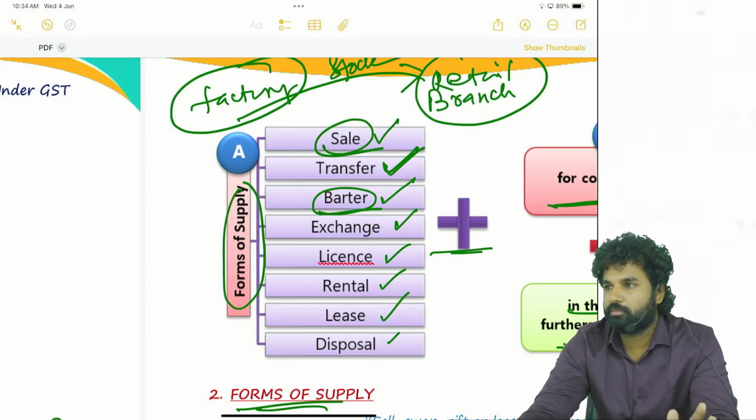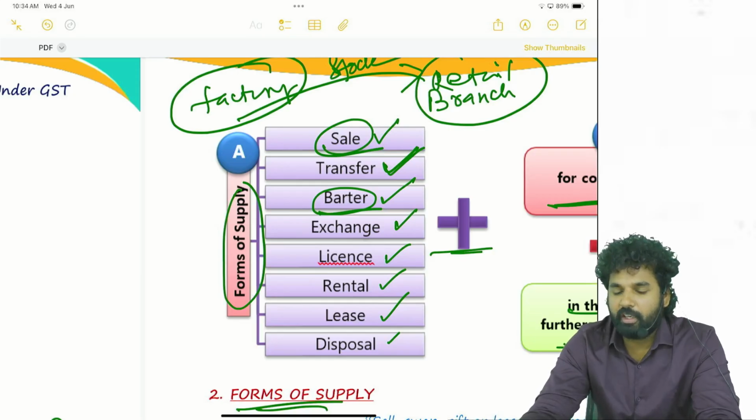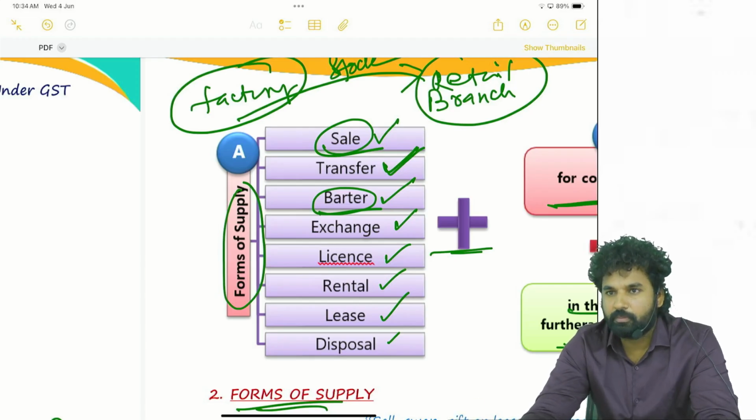They are making a video of that phone. So as a return gift, what will they do? The company will provide them the phone. They are giving services to the company, digital marketing service. In exchange for their service, the company is giving the phone. This is what is the barter.